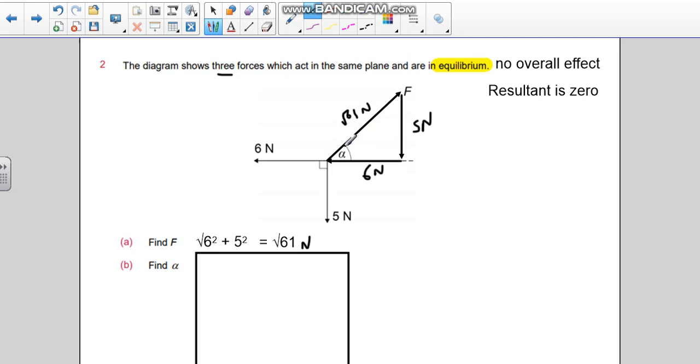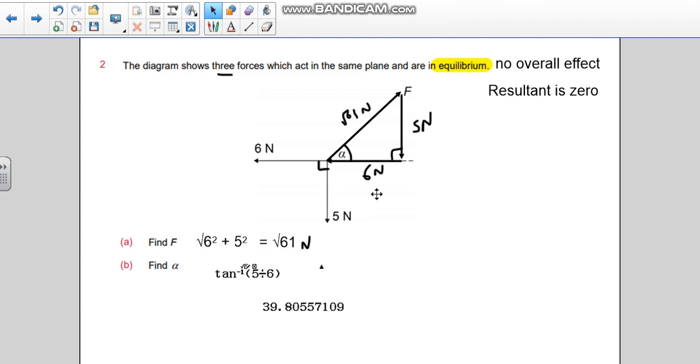We're then asked to work out alpha. Again, we can see we've got a right angle triangle. We're shown here that that's a right angle, which means this here must be a right angle. So it's just again using the tangent, opposite over adjacent, and inverse tan to work that one out.